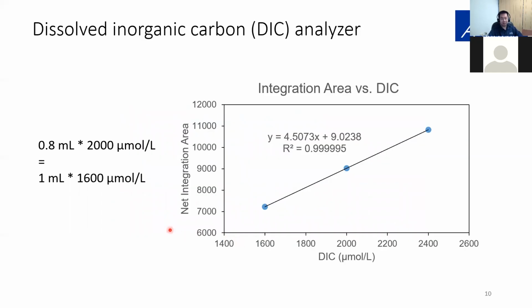So with that, we can use a smaller volume of the same standard in place of a second standard with a lower concentration. In this plot, we have 3 volumes at 0.8 mL, 1 mL, and 1.2 mL that represent 3 standards at 1600, 2000, and 2400 micromoles per liter.